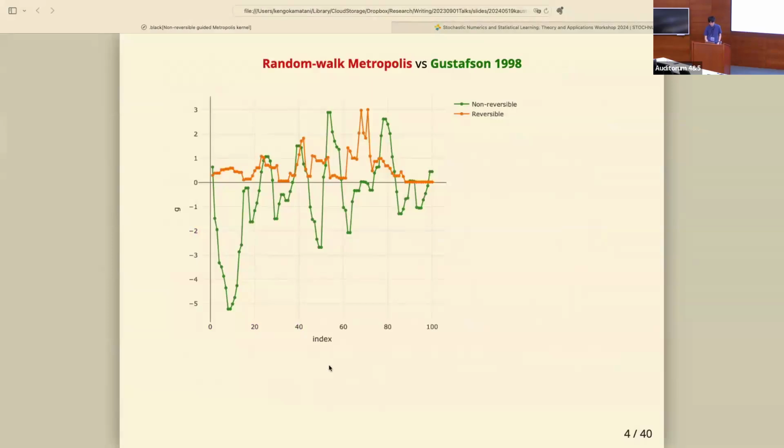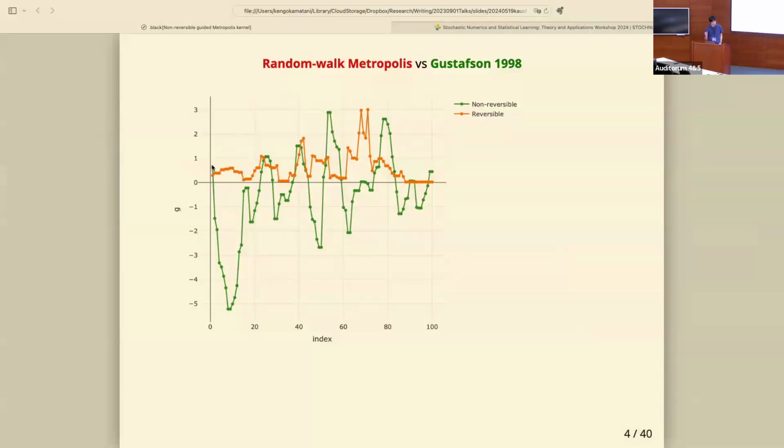This is an illustration comparing a reversible one and a non-reversible one. Orange is reversible MCMC, actually random walk Metropolis, which is the most traditional MCMC.